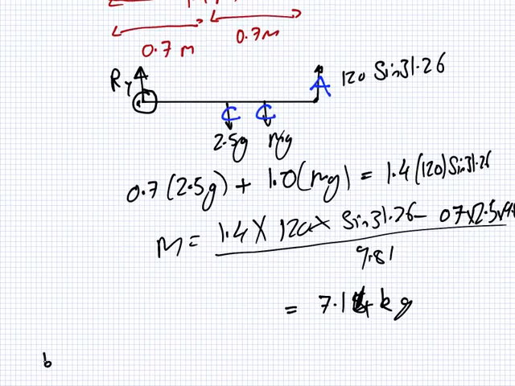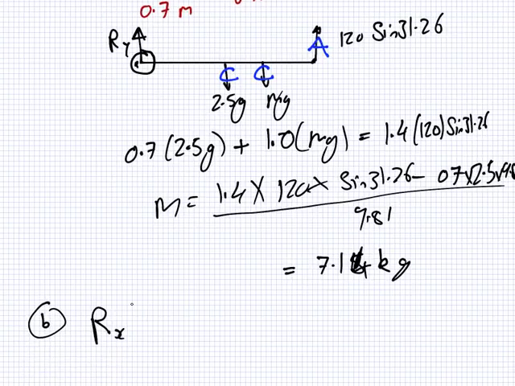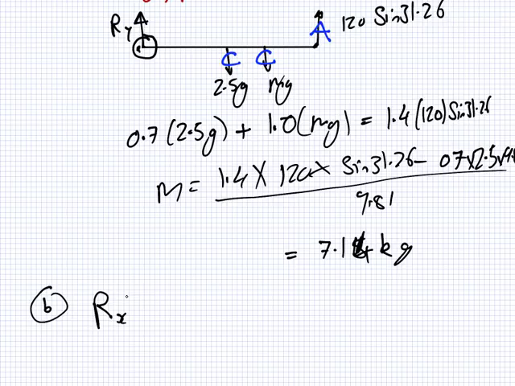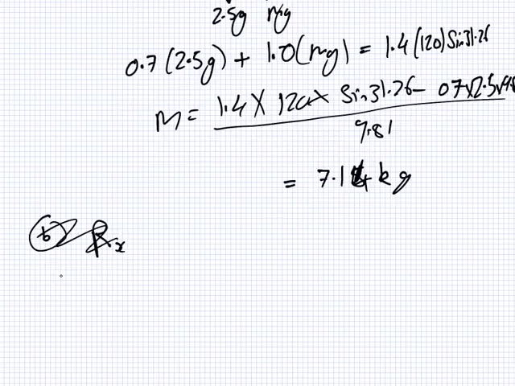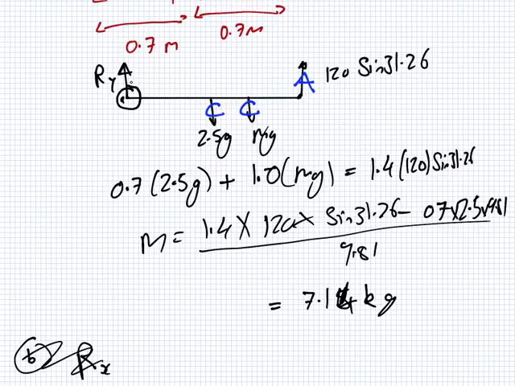Okay, part B, they want to know what the RX is and the RY. Horizontal at A, that's the RX. This is a great example where I think it's easier to do the next part first, the RY, because I know that the RY plus this should equal these two.